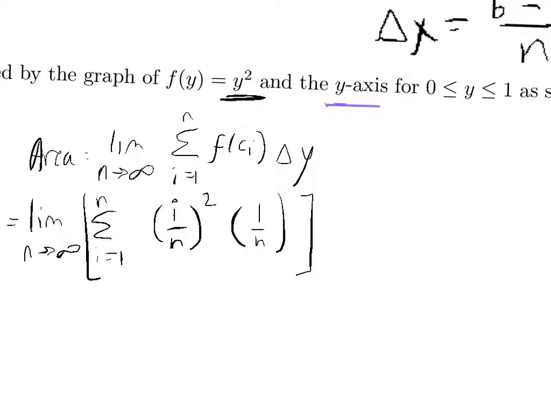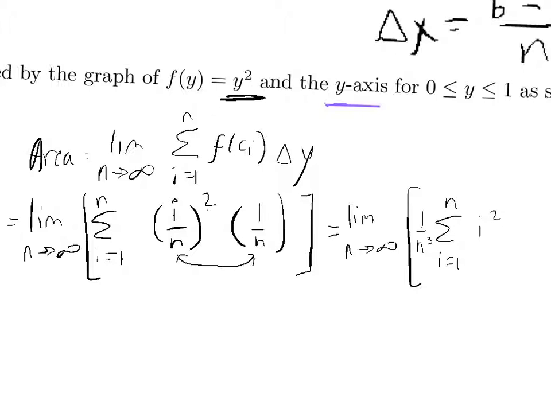Simplifying, this one's pretty easy. The limit as n approaches infinity of the sum. This square will square the i and also square the n, and then we can factor n squared and n out to the front for n cubed. Now we've got a really simple sum.